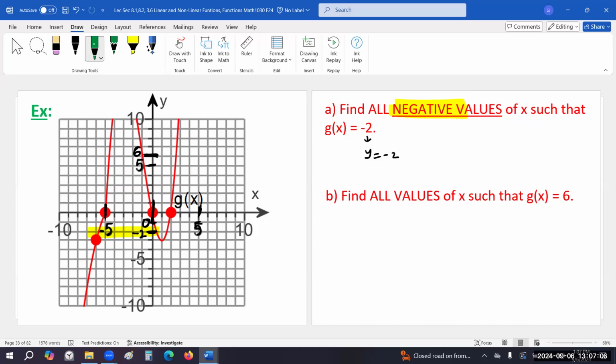When y is -2, this is the point in the graph, right? This is not exactly 5. It's very close to -6. So between -5 and -6. I would say negative 5.8 or 7.